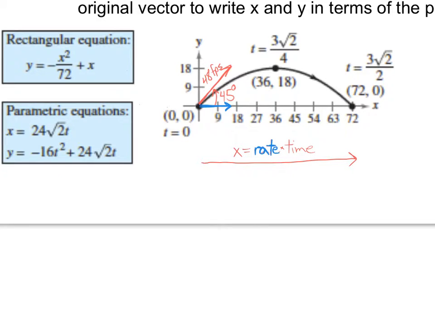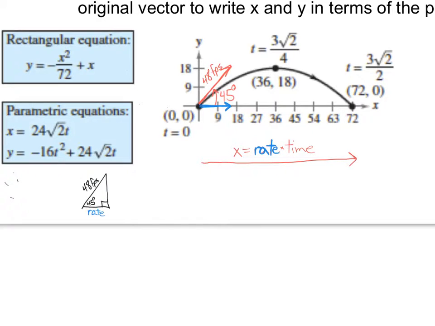All right? Now, let's look at a triangle kind of outside of the picture just so we can see it a little easier. This rate that we're talking about is this right here. And we know that the angle was 45 degrees, and we know that this is 48 feet per second. And that's our right angle.